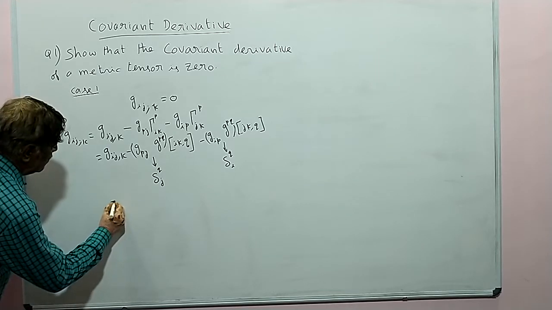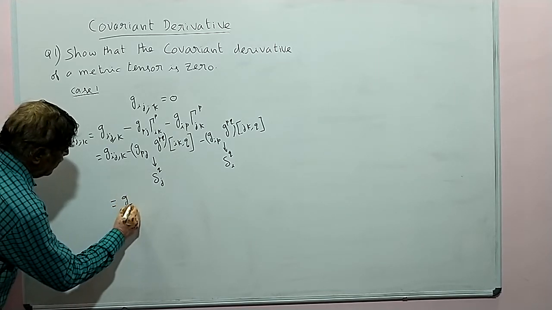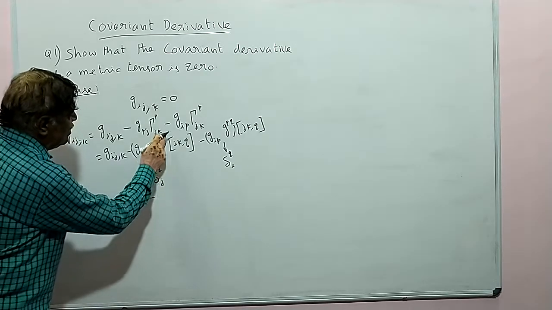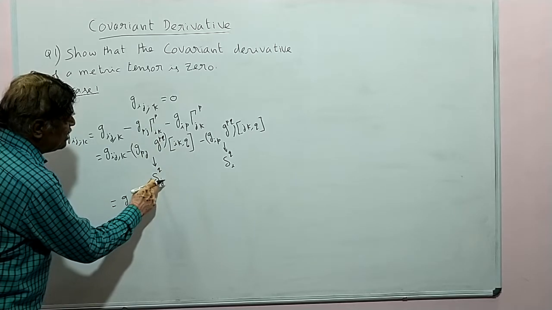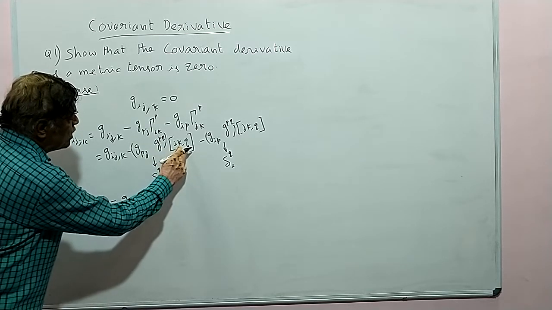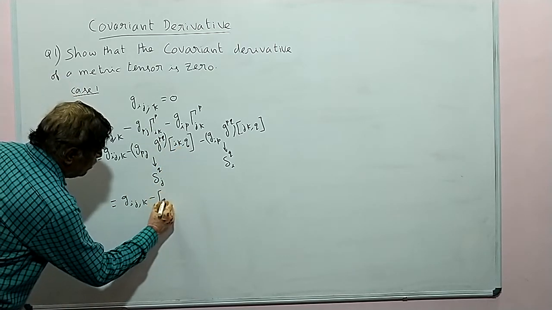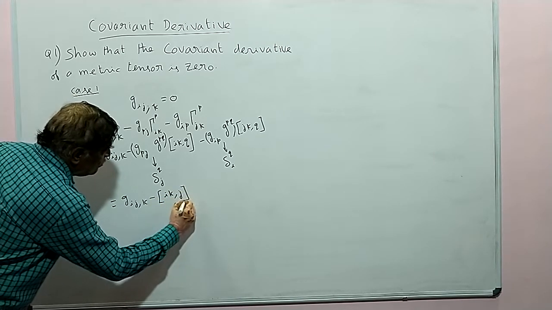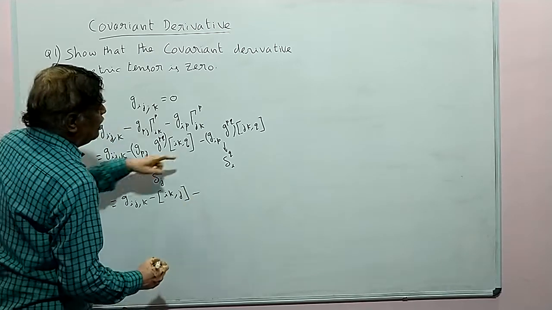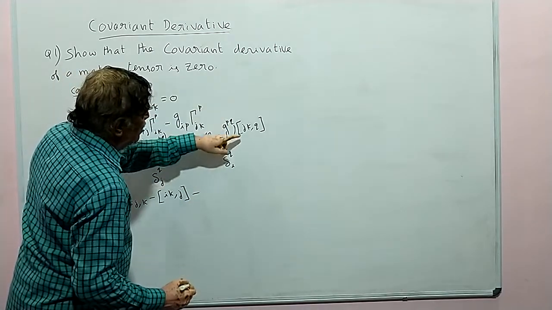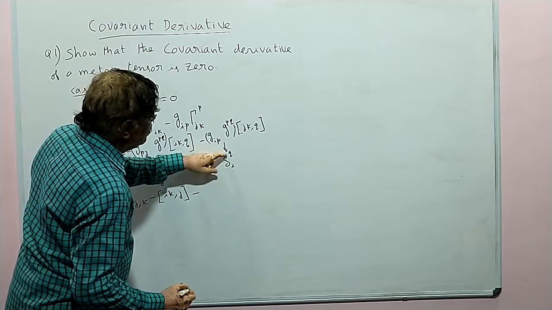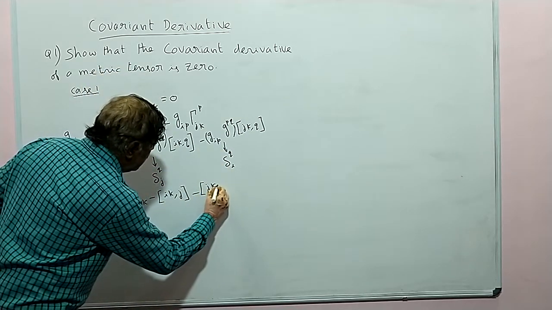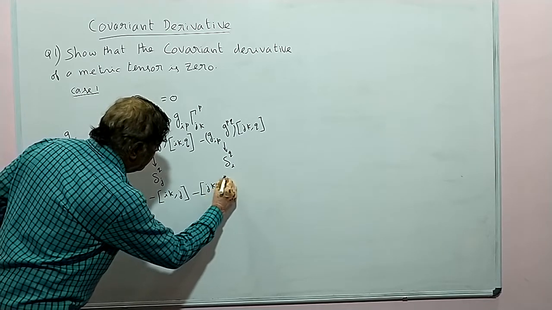Therefore, this is equal to g_ij comma k minus. Now, this is a non-vanishing term only when j is equal to q, so here q must be replaced by j: [ik, j] minus. Here the non-vanishing term is present only when q is equal to i. Therefore, this term becomes [jk, i].